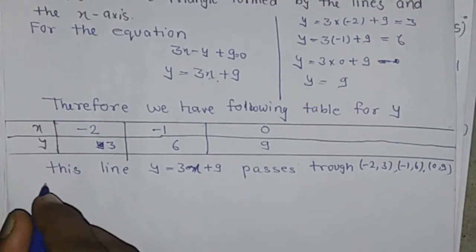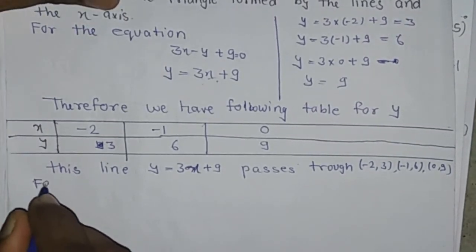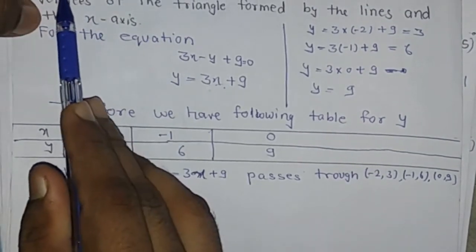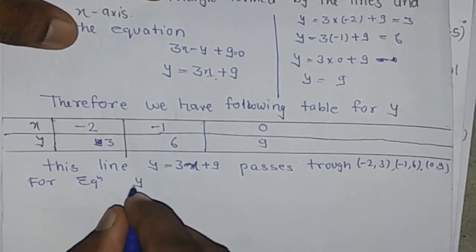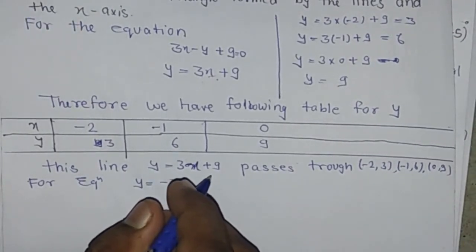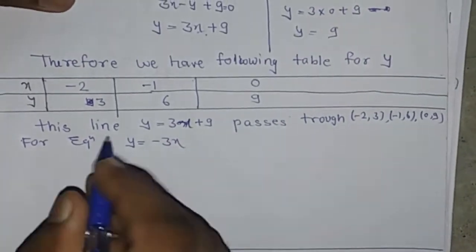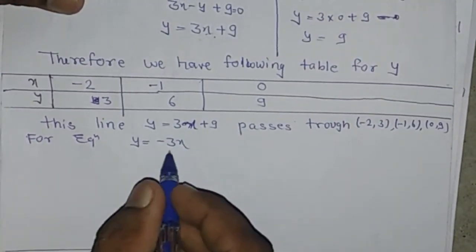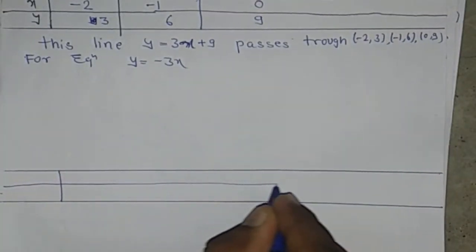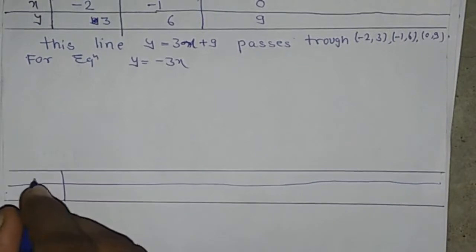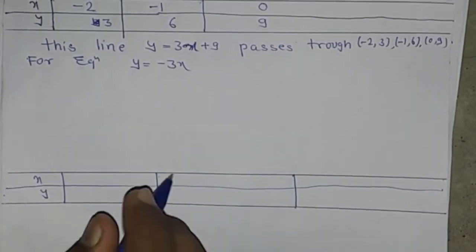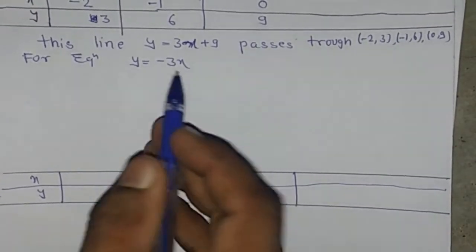Another line, for equation y equal minus 3x, we put different values of x so that we find the value of y.